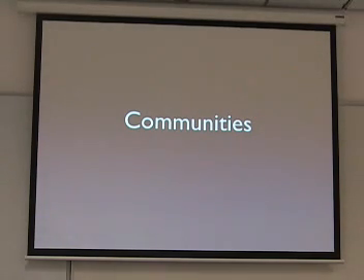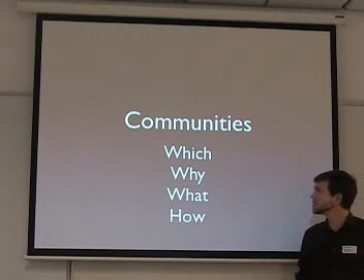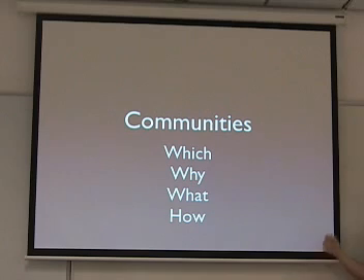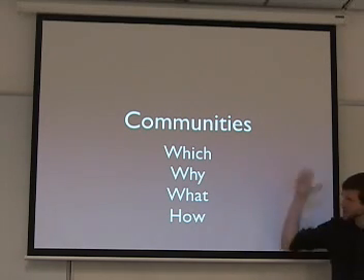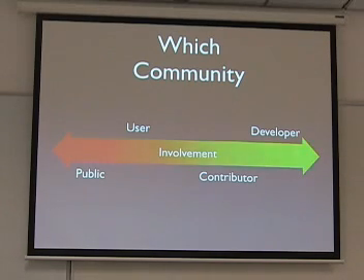So we're going to be talking about communities, and particularly we're going to divide that into which communities, why we want to have a community, what it is about the community that's important, and how we do this. There are different parts of a community.